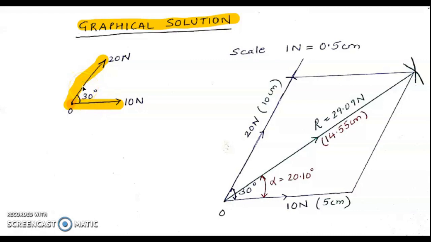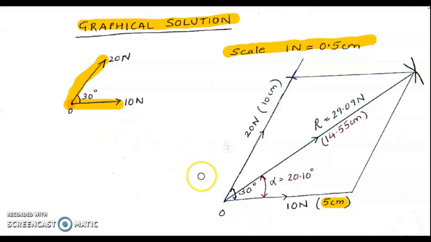So if we have to find the resultant graphically, we have to start by using a scale. The scale that I have used here is: let 1 Newton be equal to 0.5 centimeters. Take the first force, which is 10 Newton. If 1 Newton is 0.5 centimeter, what will 10 Newton be equal to? 10 Newton will be equal to 5 centimeters.